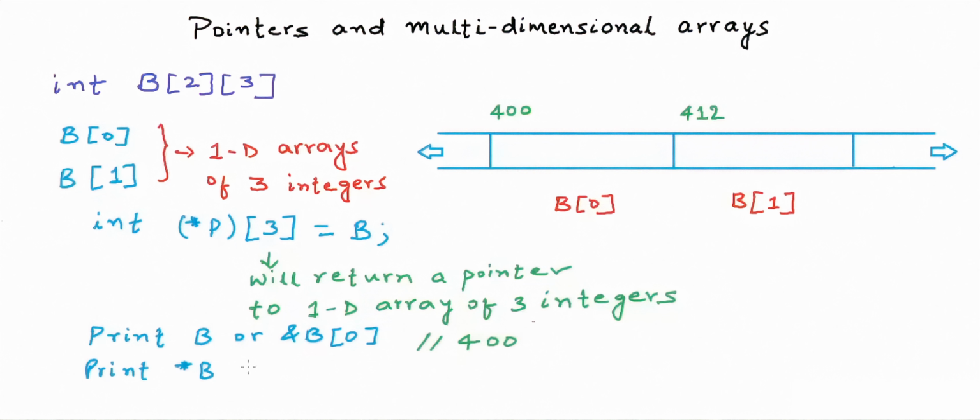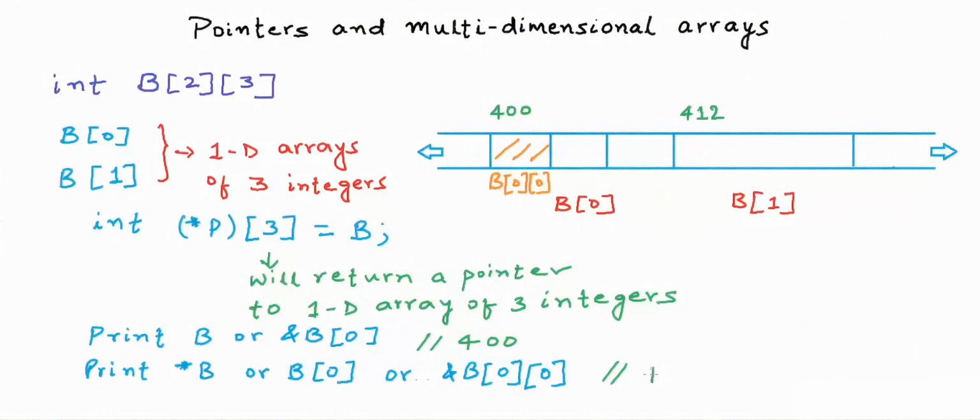If I will print *p, which will be same as B0, then B0 this time is variable name for a one-dimensional array of 3 integers. So just using the name B0 will return us pointer to the first integer in B0, which will be accessed as B[0][0]. So I'm putting this ampersand sign here in front of B[0][0]. First integer in B0 will be this block of 4 bytes. Its address once again is 400.